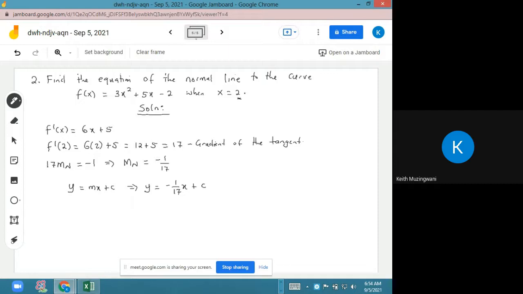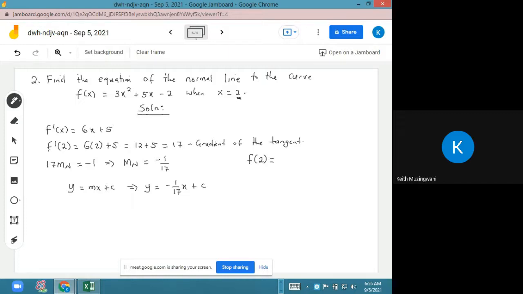What does it mean? For us to find c, we need a point x, y with a known value of y. But we only have x. So what do we do? We can use that x to find y, because a point is x, y. Meaning, if we get that 2, substitute it in the original function, the value we get will form a full point with x is equal to 2.